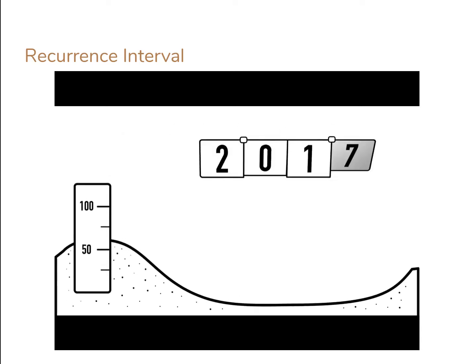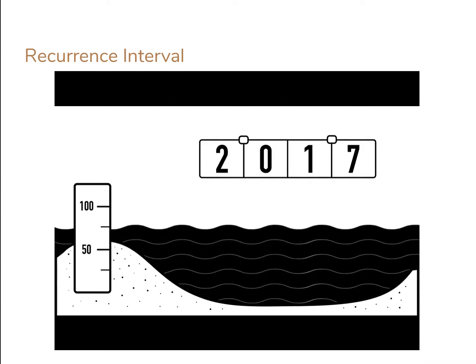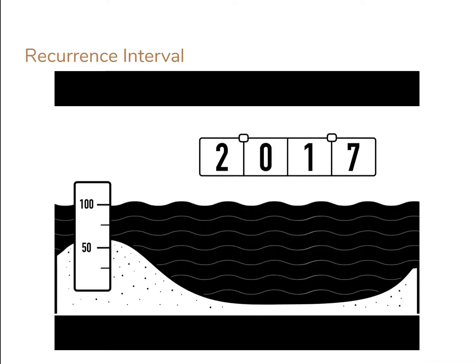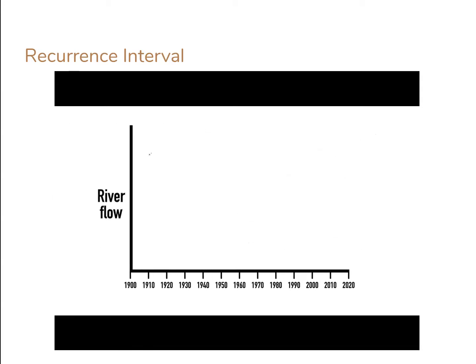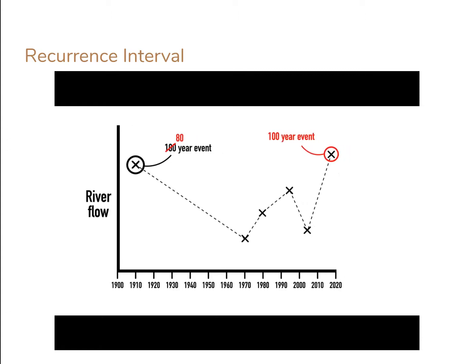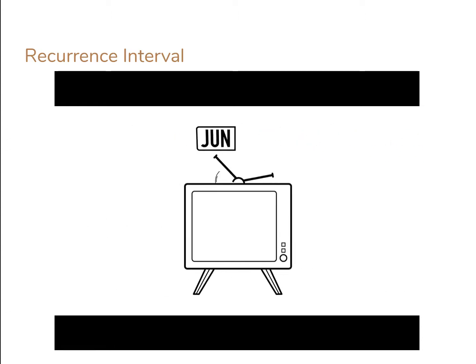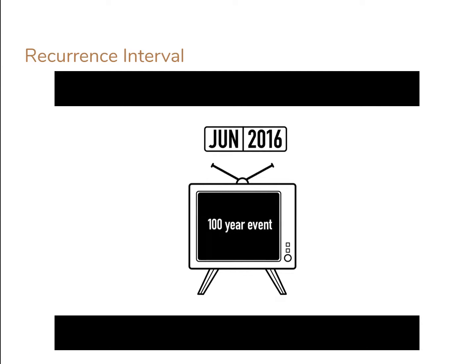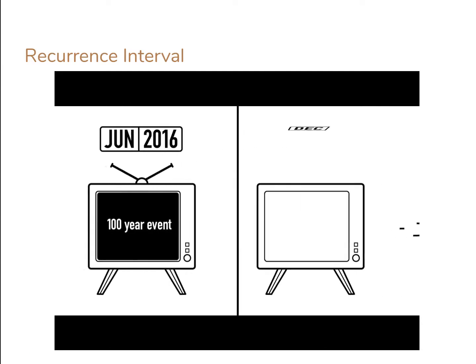Every time there is a flood, we gather more data that gives us a better understanding of how big floods in a certain river might be. We use that data to determine what size the current flood is, and if it's bigger than anything recorded on that river before, it may influence the current estimation of flood event levels. For example, what was previously considered a 100-year event may be downgraded to an 80-year event.